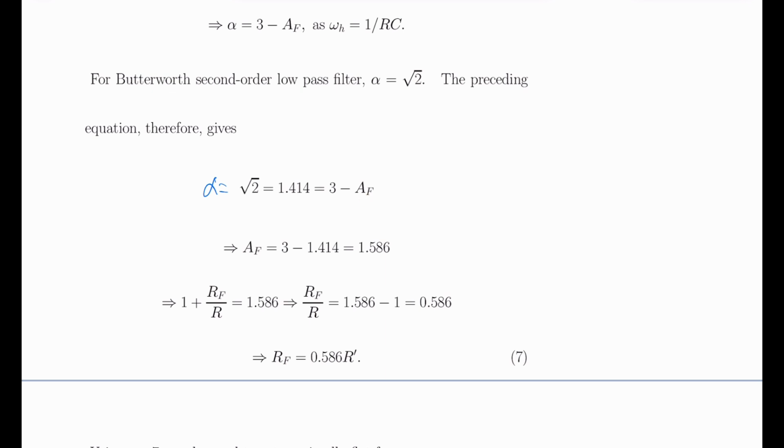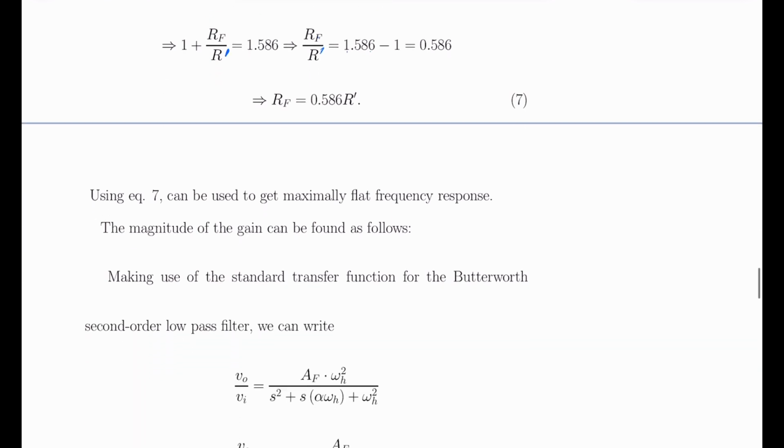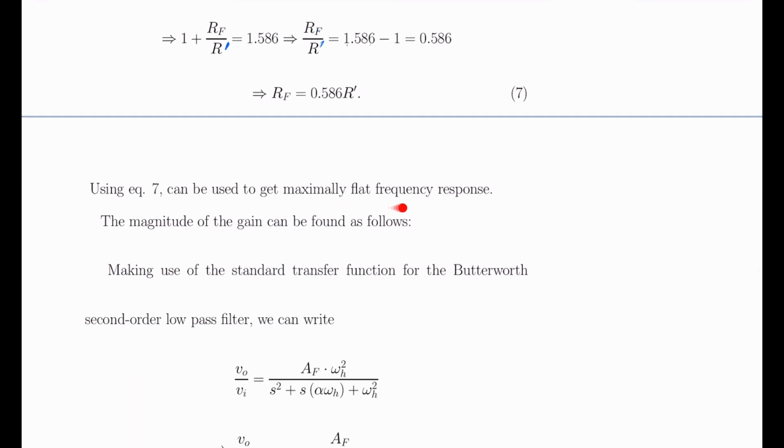This is 3 minus AF, or AF is 3 minus 1.414, which is 1.586, and therefore 1 plus Rf upon R dash is 1.586, or Rf upon R dash is 1.586 minus 1, and this is equal to 0.586, and therefore Rf is 0.586 into R dash. So this equation 7 can be used to get maximally flat frequency response.